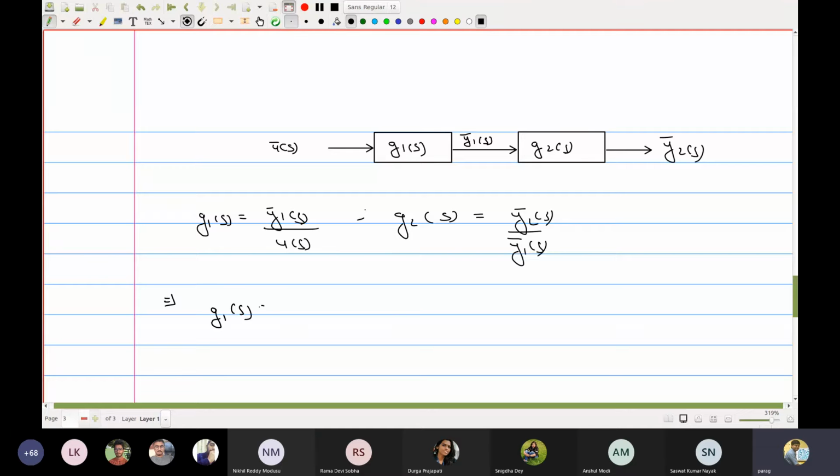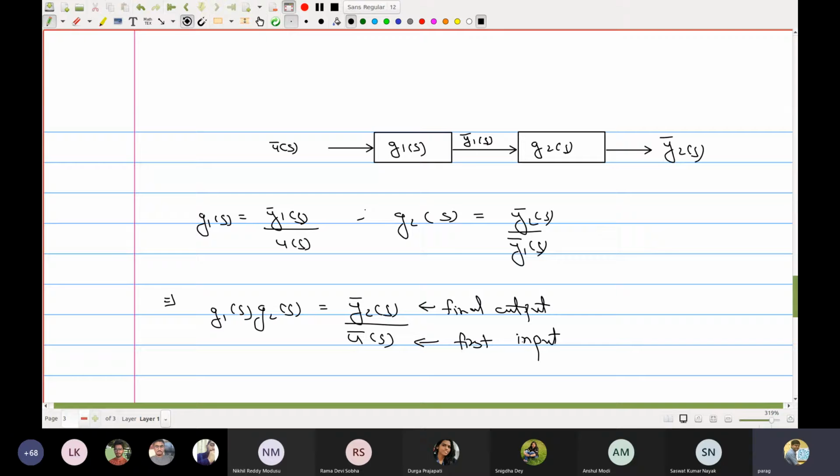G1 of S times G2 of S is simply, Y1 gets cancelled, Y2 bar of S upon U bar of S, right? So this means your final output and your first input.